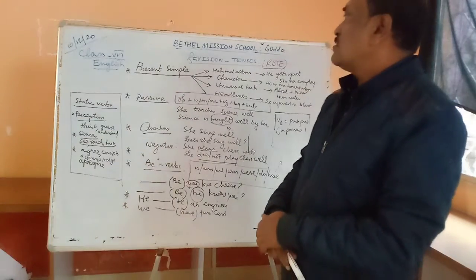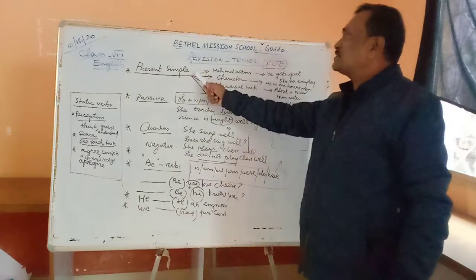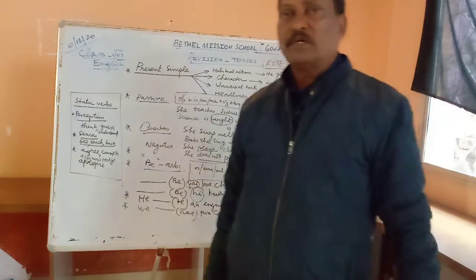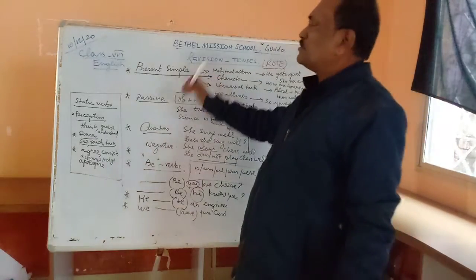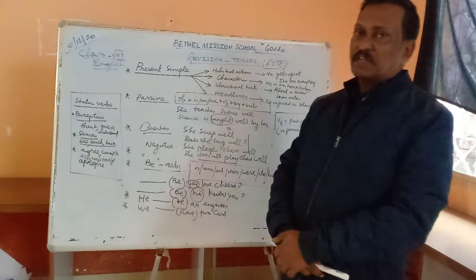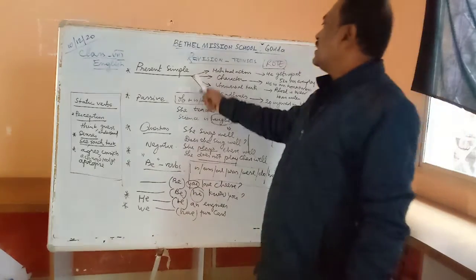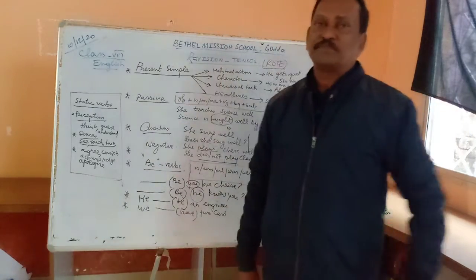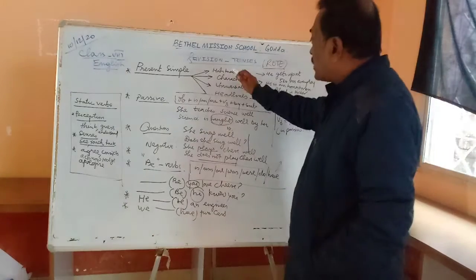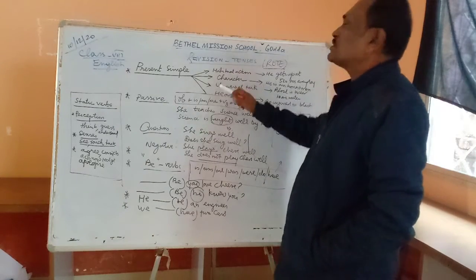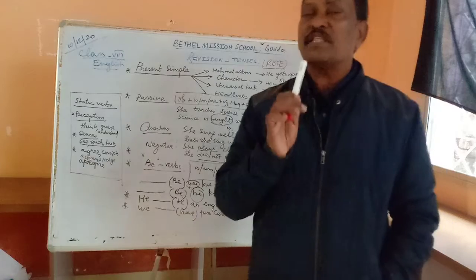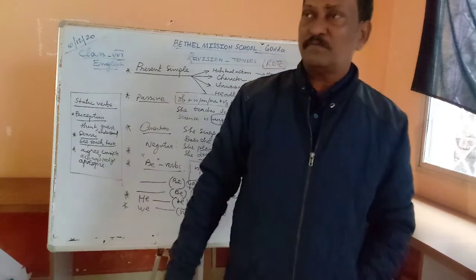Solving. For example, let us start with present simple today. It's one of the most commonly used tenses. And not only that, it is very simple. But you need to understand the application of this tense. The application, that is the most important thing.